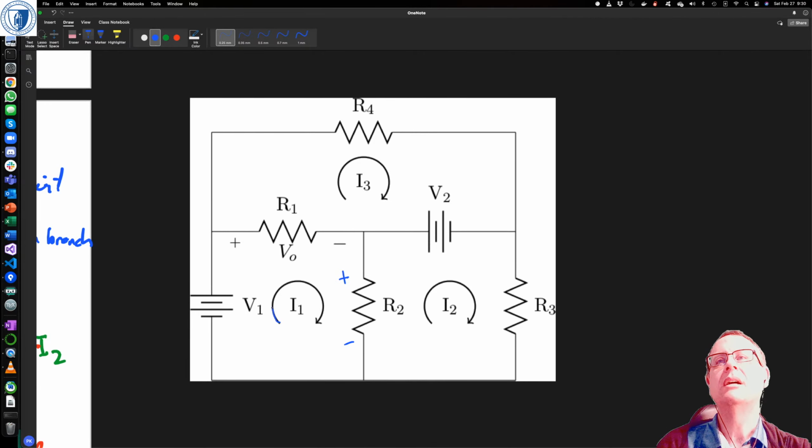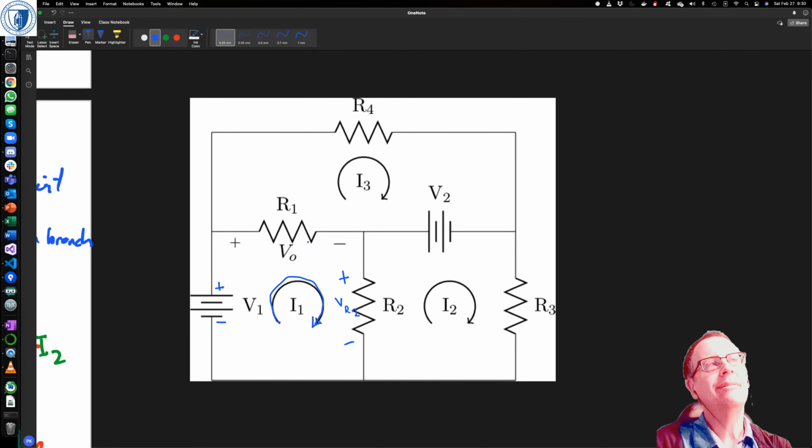So if we've got our mesh current going that way, then VR2 from I1's perspective has a positive sign there and a negative sign there. That's always, because this is an active device, always a negative sign going in there.